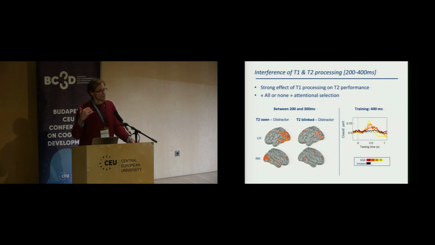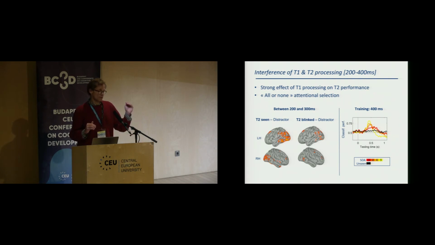For the trials where the target will be seen, so the colored curve, you see that it's a little bit different. The onset is the same, but the level of performance is not the same according to SOA. You have a strong effect of T1 on T2.